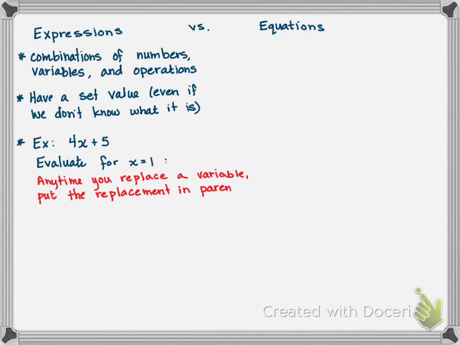This is true if we replace it with a number, replace it with another variable, or replace it with a whole other expression. Anytime you replace an x or a y or a z, you're going to put the replacement in parentheses. So in this case, we will write 4, replace that x with 1 in parentheses, and then plus 5.